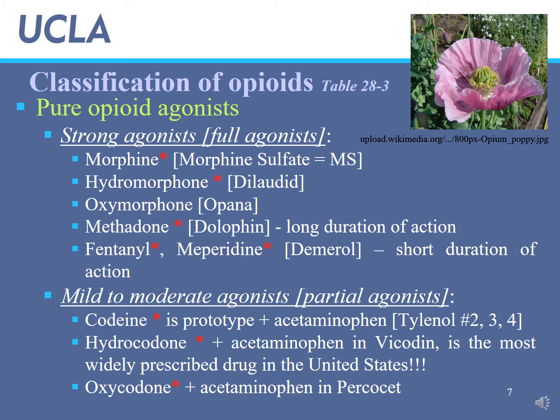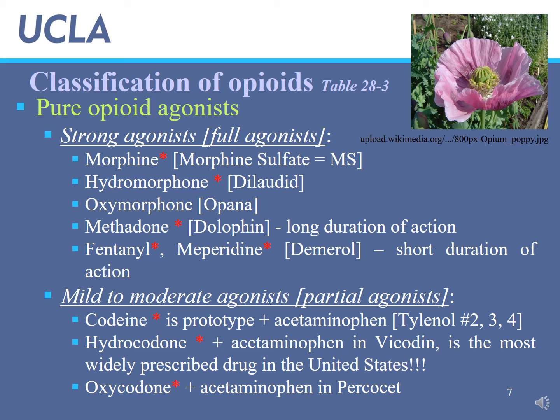Methadone has a long half-life, and so this is a drug that is used in patients who are addicted to heroin most likely, but it can also be used for the treatment of opioid addiction because of the long half-life. So you don't have the withdrawal syndrome that you have with other opioid analgesics.